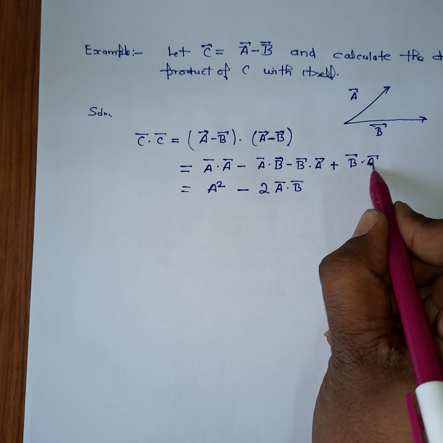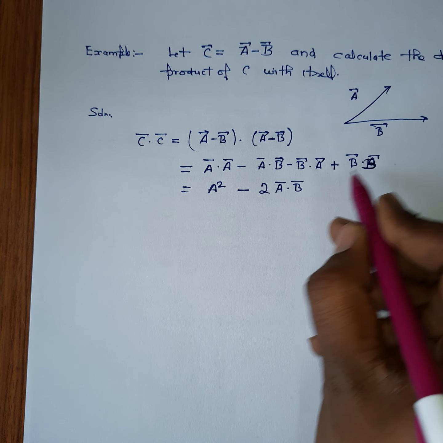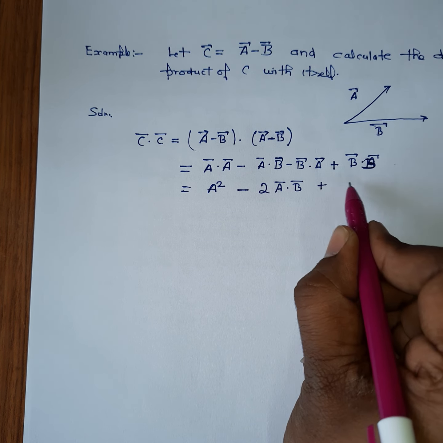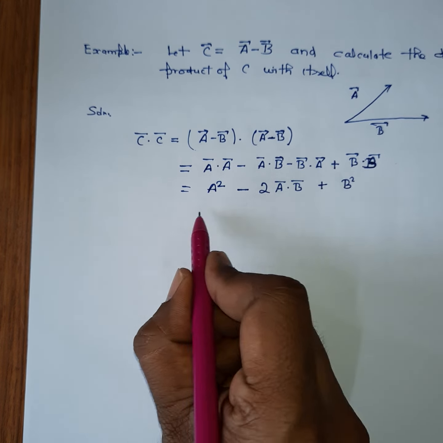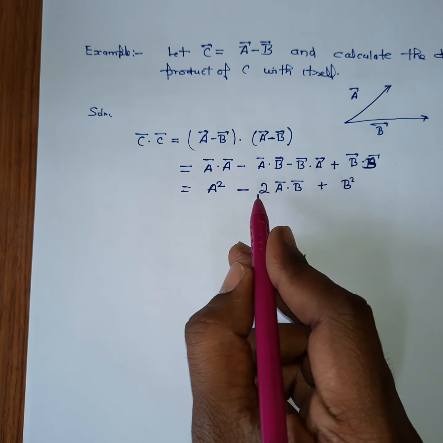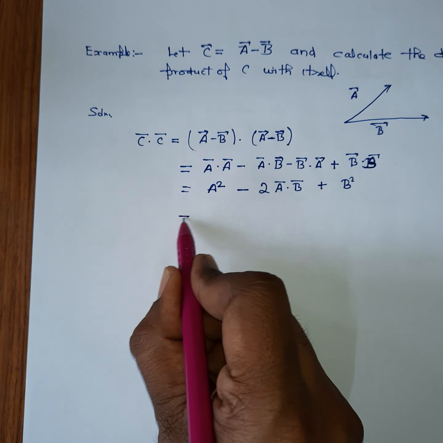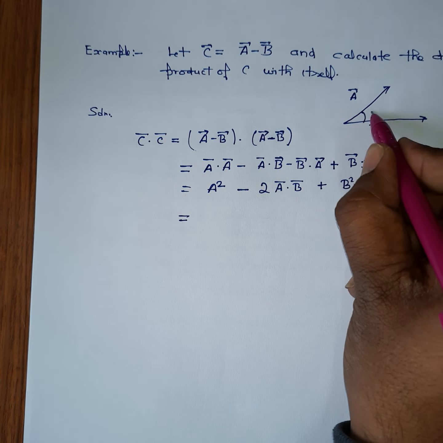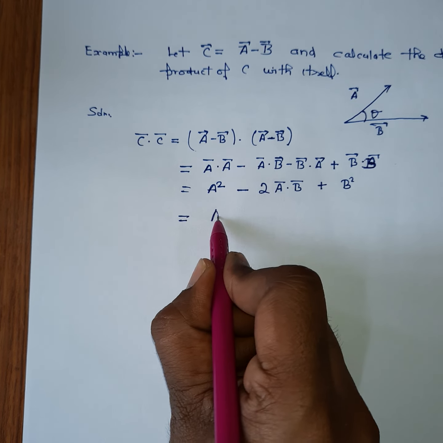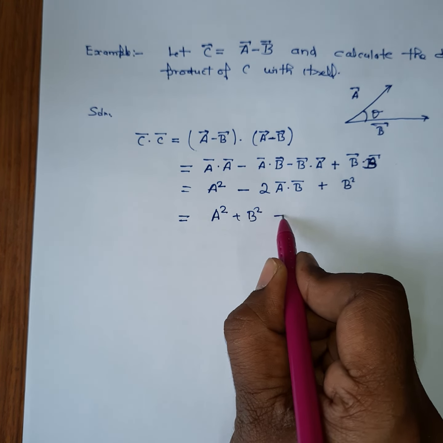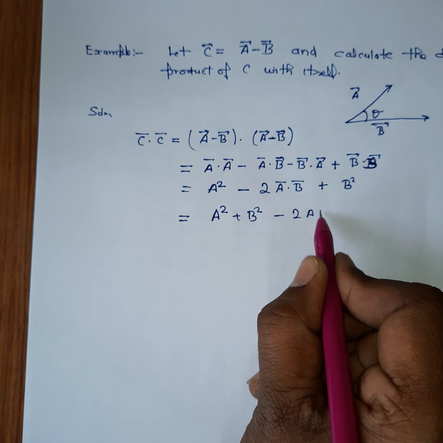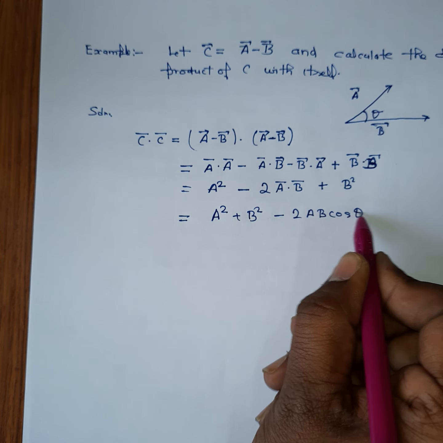So B dot B is equal to B square. I am just using the properties of the scalar product, and if theta is the angle between them, then this can be written as A square plus B square, and this term can be written as minus 2AB cos theta.